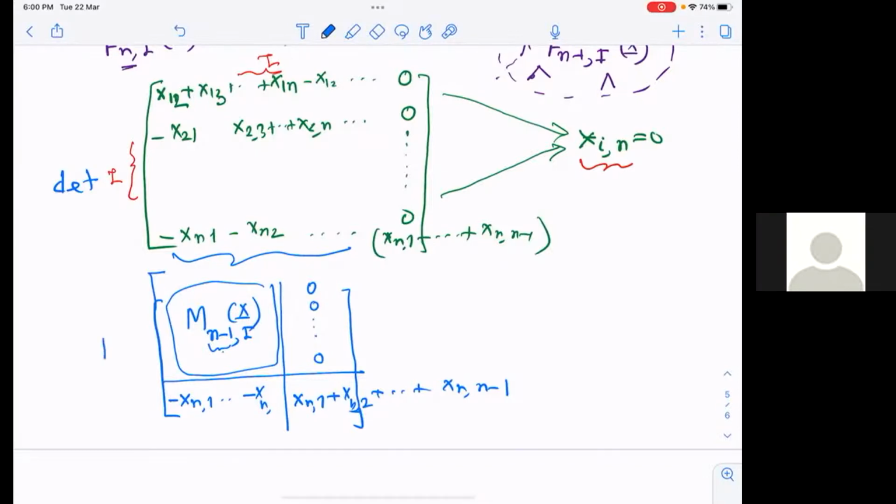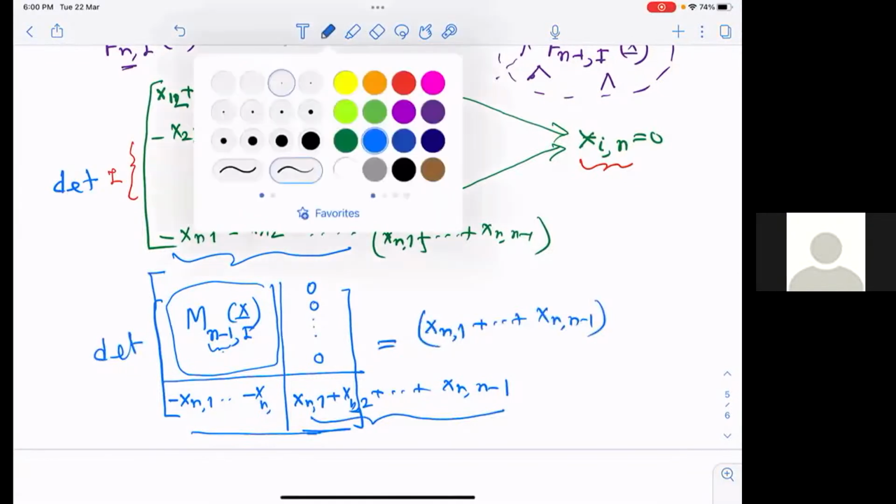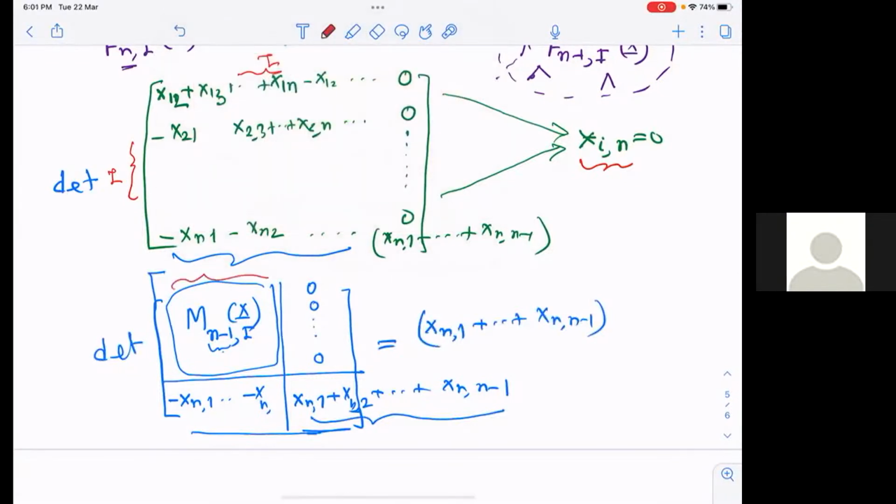But what is this determinant? Expand along these rows. So one term will be when you expand along this, and this term will look like x1n plus xn minus 1 times the determinant of, sorry, I'm using slightly different notation, and the rest will be what?